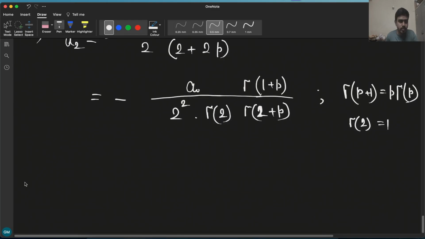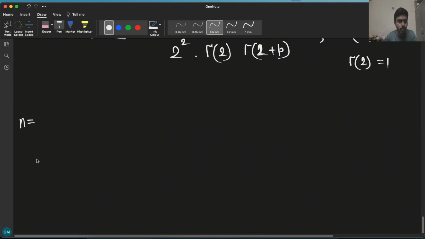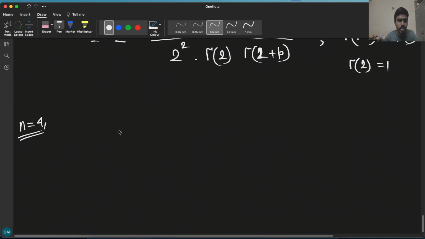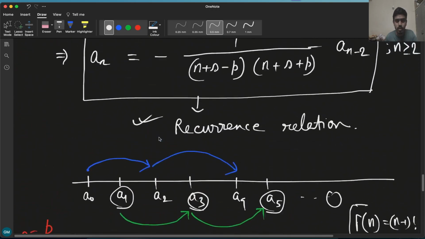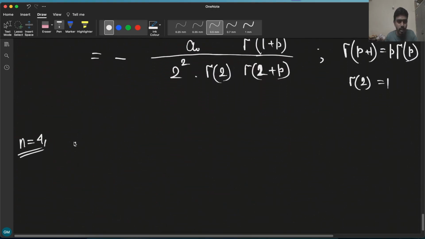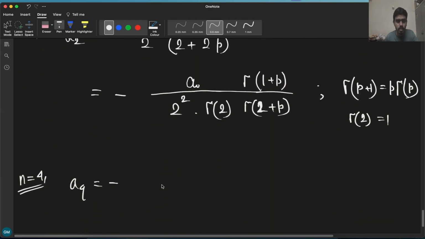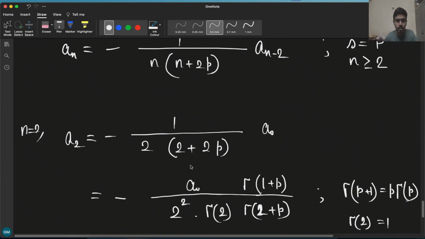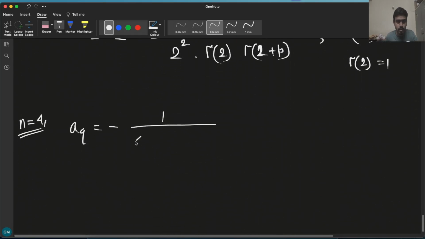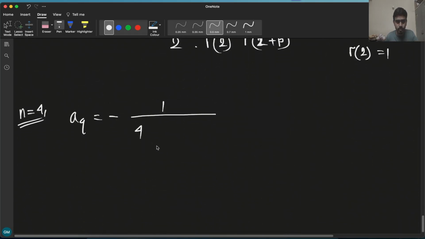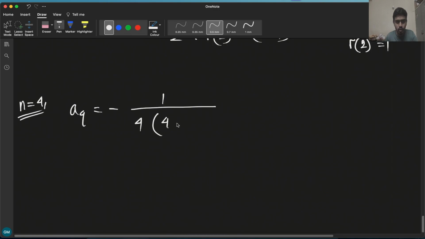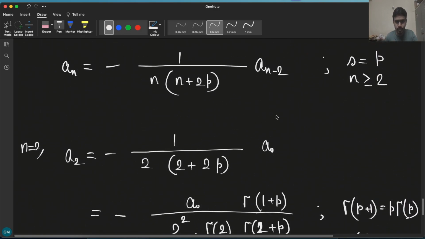Now if I write n equals 4 in this recurrence relation, then we will get a4 equals minus 1 by 4 times 4 plus 2p times a2.